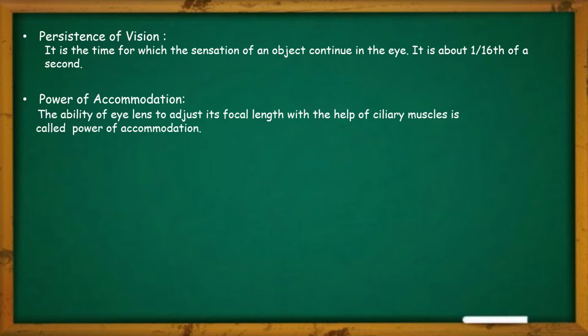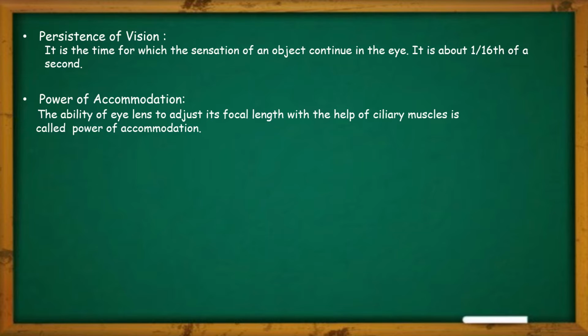Next, let us know about the power of accommodation of our eye. What is power of accommodation? Power of accommodation means it is the ability of our eye lens to adjust its focal length with the help of ciliary muscles.